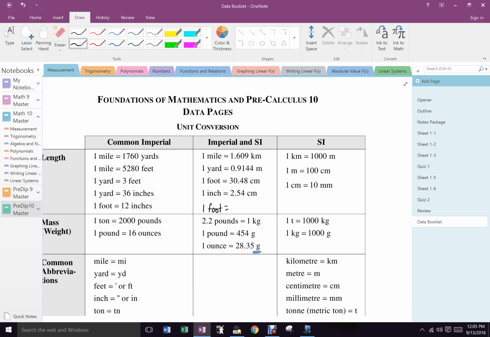Which direction? Left, which is what math? When the decimal moves left, is it times or divide? Divide. So you were right, you needed to move by 100, but hopefully you would have said, hey, wait a minute, 1 foot can't be 3,000 centimeters or 3,000 meters. So 1 foot is 0.3048. That's the type of thing that you guys got to figure out for yourself. You picking up what I'm putting down? Okay, because it's not right on there.